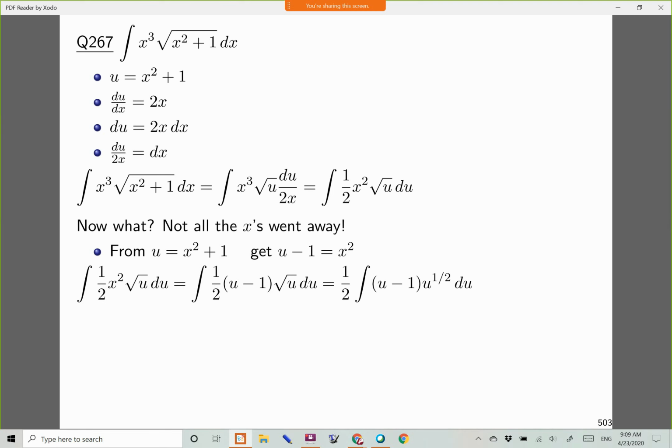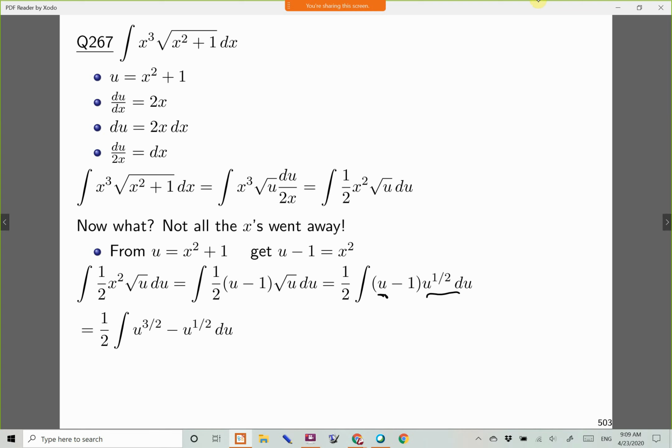And then for the next step, I chose to distribute u to the 1/2 power to both the u and to the 1. Now, if you distribute the u to the 1/2 first to the u and you multiply those things together, you're multiplying things with the same base. So you need to add the exponents.